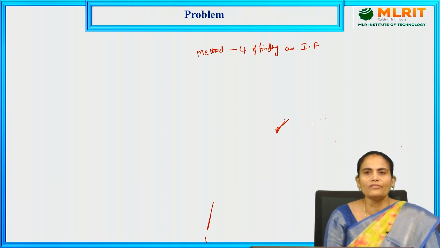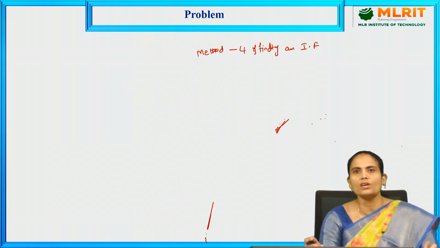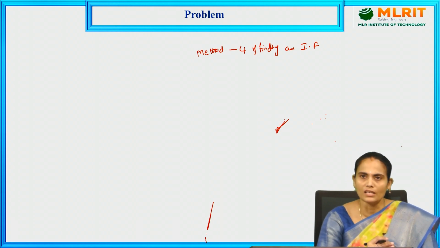So the integrating factor is e power integral f of x dx. Today we discussed method 4 of finding an integrating factor, and we did one problem using method 4. In the next session, we will discuss method 5 of finding an integrating factor. Thank you.